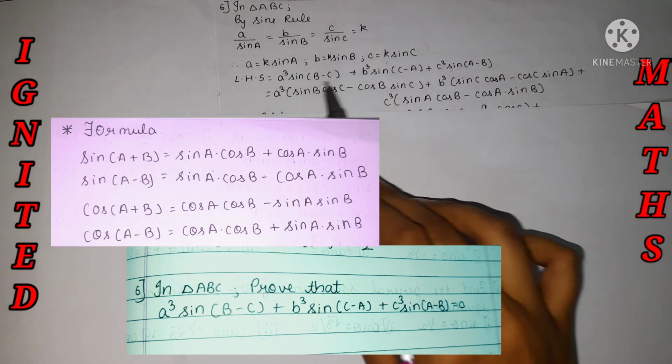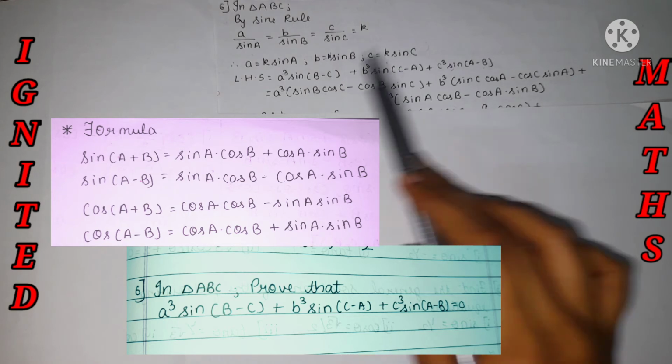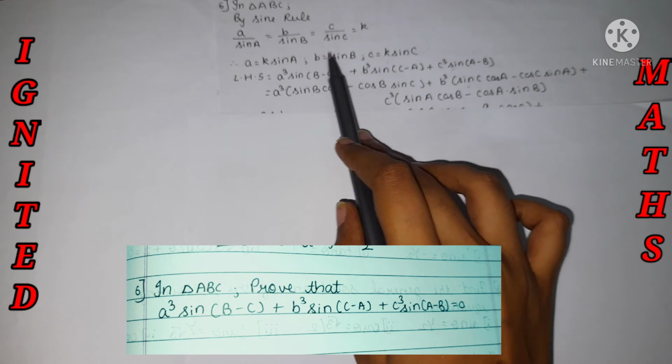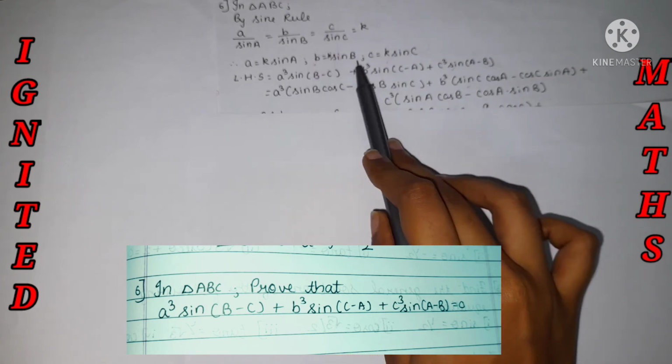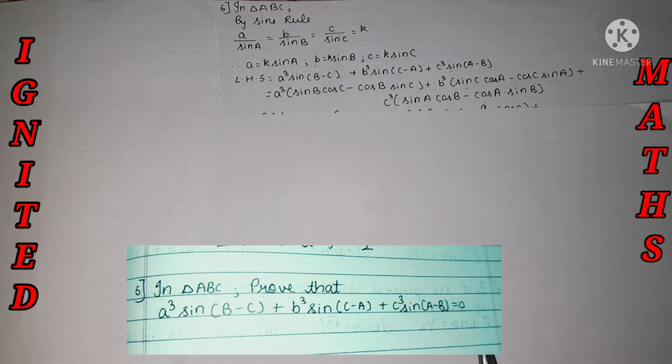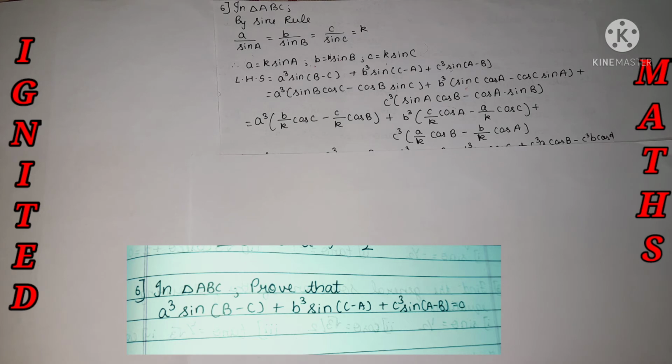Now, b is equal to k sin B, then sin B is nothing but b by k. Just put the value according to the given content. The three equations we have gone through.